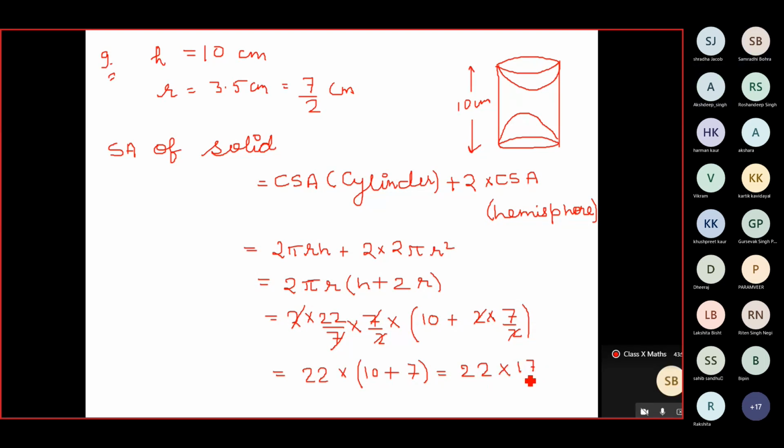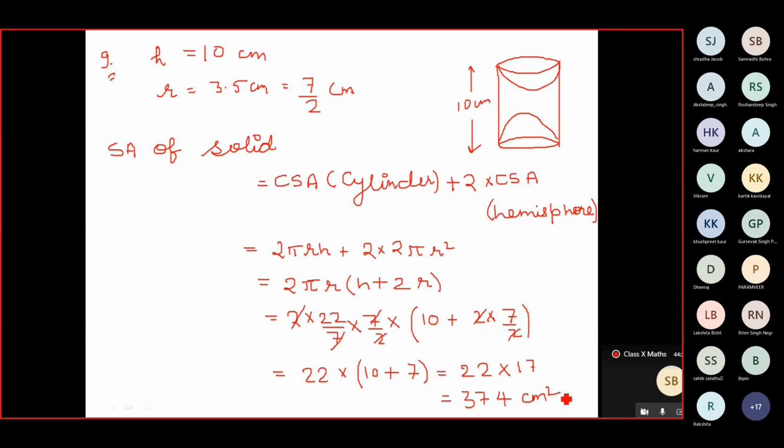So let us multiply them. 22 times 17, that is 374 centimeter square.